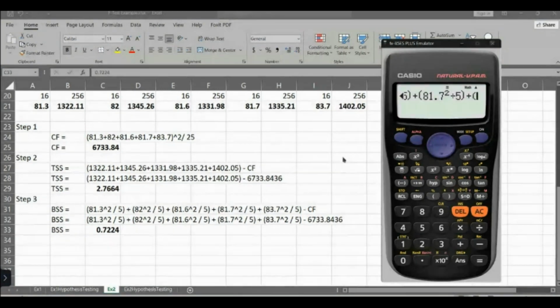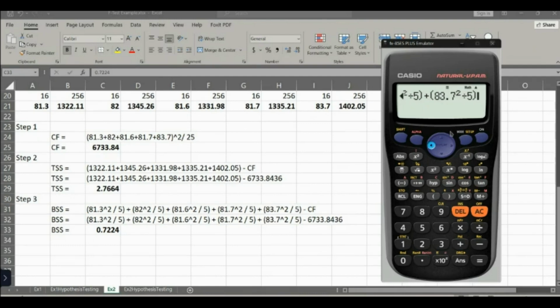And then lastly, 83.7 squared over 5. Okay, summation pa lang ito, no? Medyo malaki. 179,4944.352. May mali ba ako?